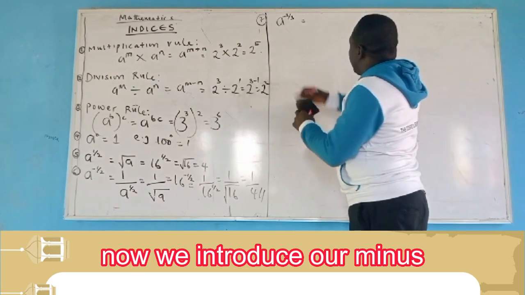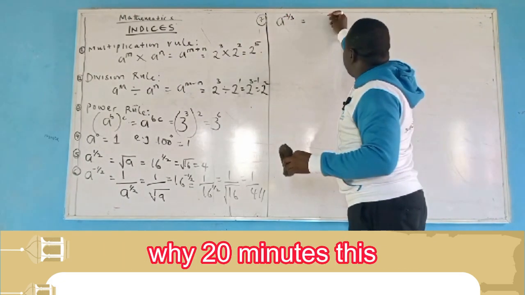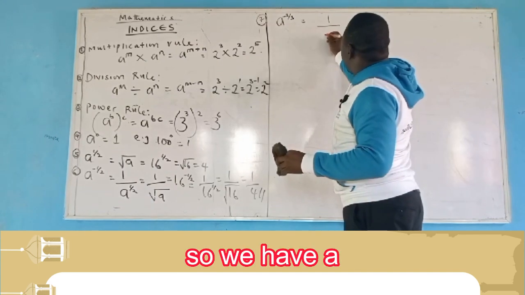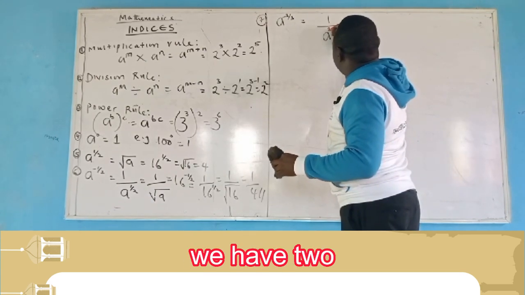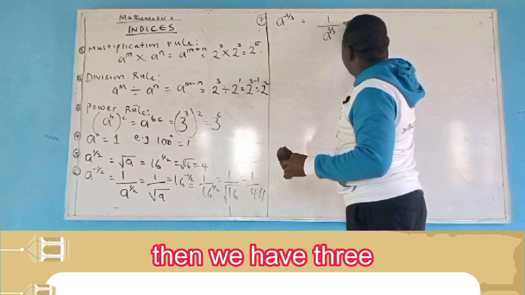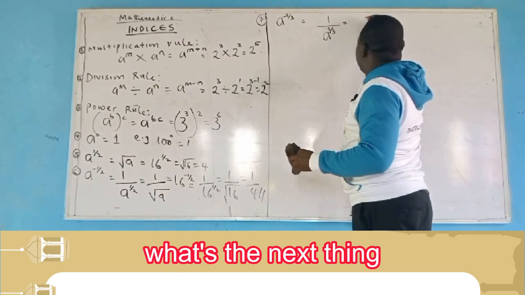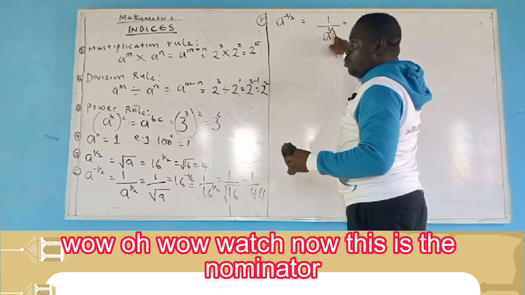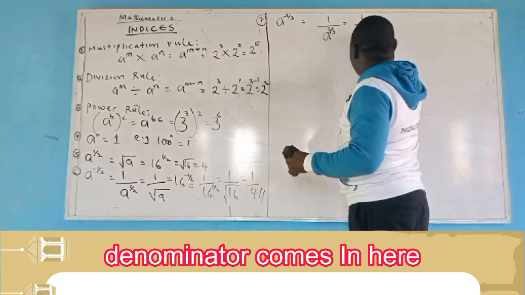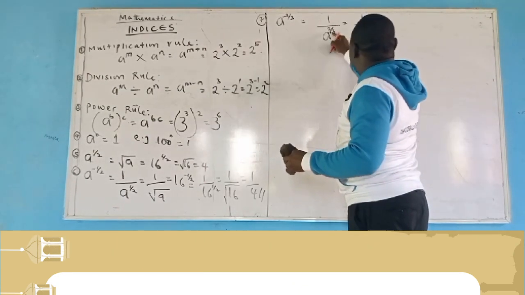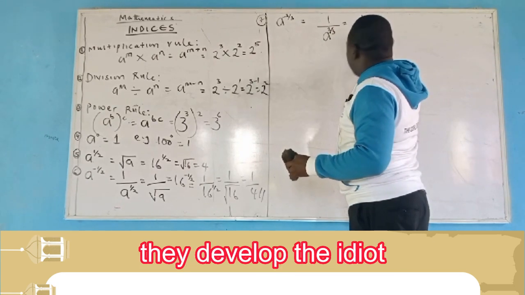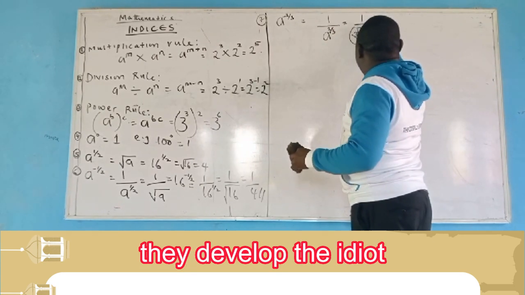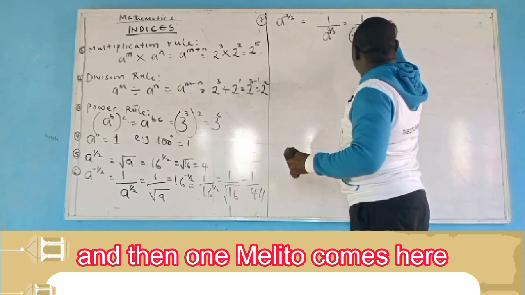Now, we introduce our minus y to eliminate this. So we have a, we have 2, then we have 3. What's the next thing? 1 over, watch now, this is the denominator. The denominator comes in here, and then you have the value a here, and the numerator comes here.